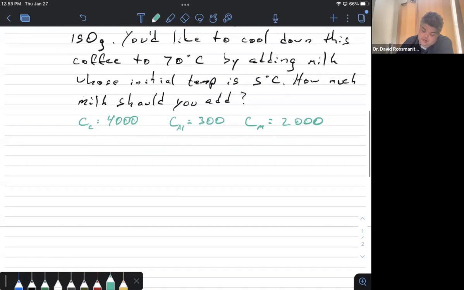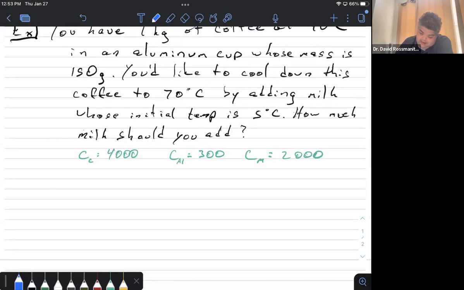So when I read this question, I say, aha, I'm going to have some Q for the coffee plus some Q for the aluminum cup plus some Q for the milk. And if I add up all those energies together, I better get 0.